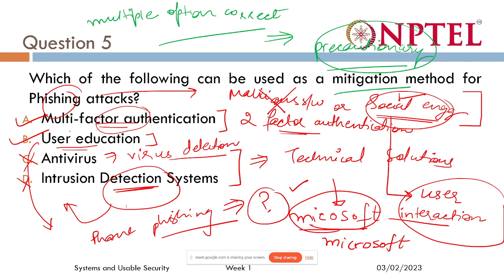So how multi-factor authentication helps in case of phishing is, let's say you ended up compromising or giving your details to the attacker by clicking the wrong link sent to you in the mail. But if they want to transfer the money, they will send an OTP to your phone, right?